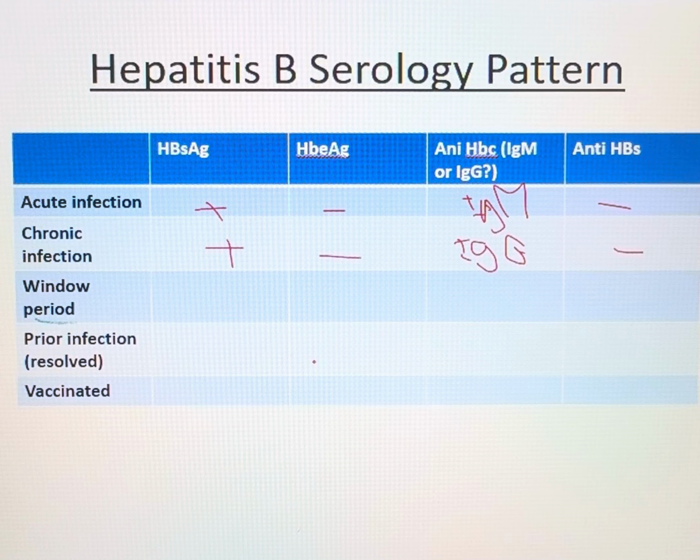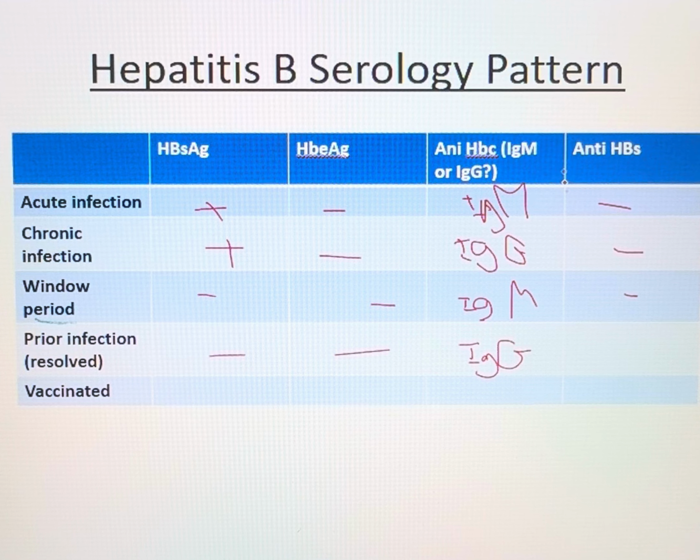The window period, we said the only marker that will be positive in the window period is the anti-HBc IgM, and everything else will be negative. If there is a prior infection, which means that the patient has resolved a hepatitis B infection, the patient will obviously not have surface antigen anymore, neither the e antigen, and we said the IgG means either a chronic infection or that the patient has resolved from a previous infection.